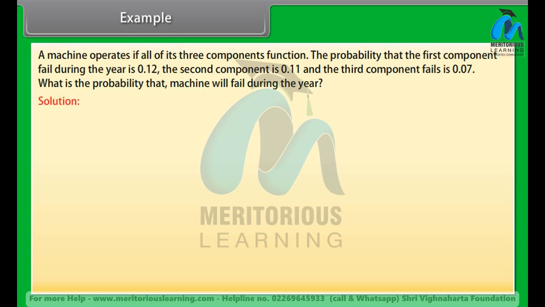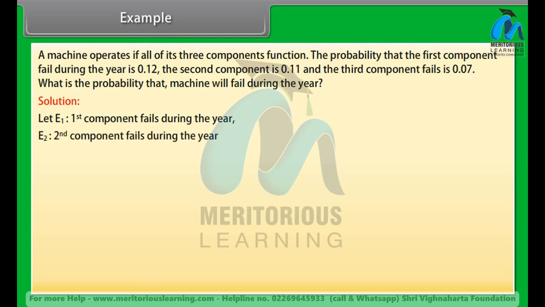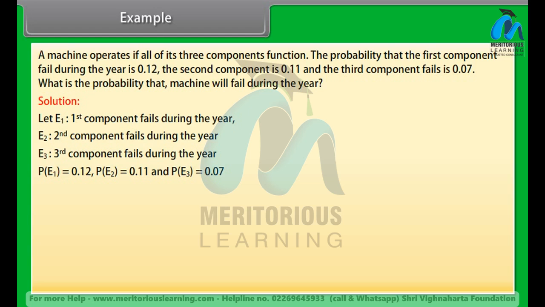Solution. Let E1, first component fails during the year. E2, second component fails during the year. And E3, third component fails during the year. P(E1) is equal to 0.12. P(E2) is equal to 0.11.